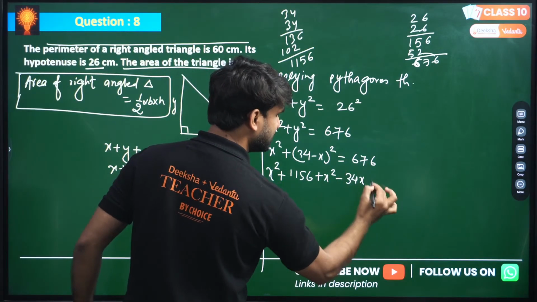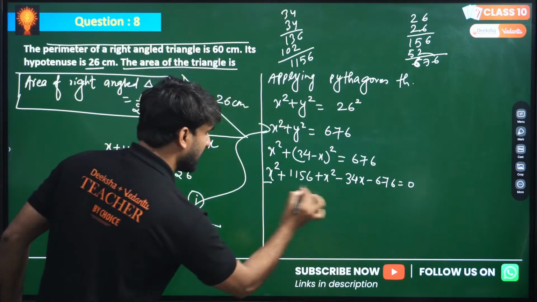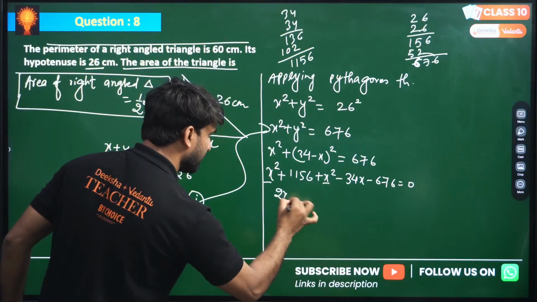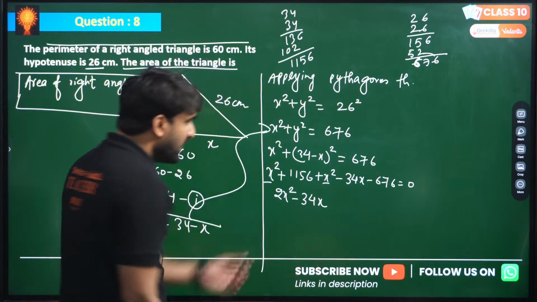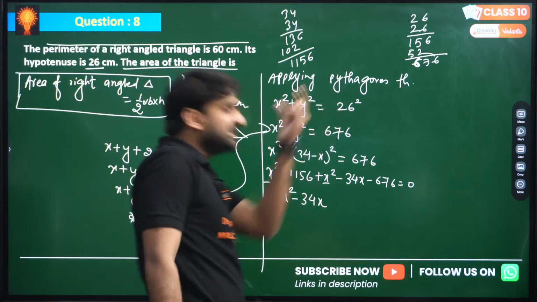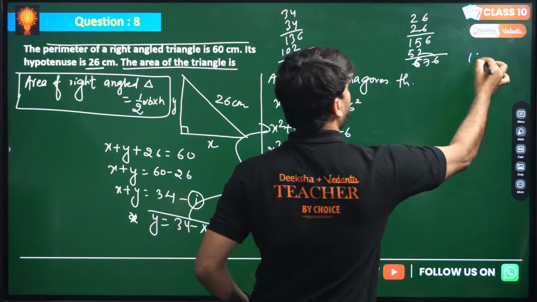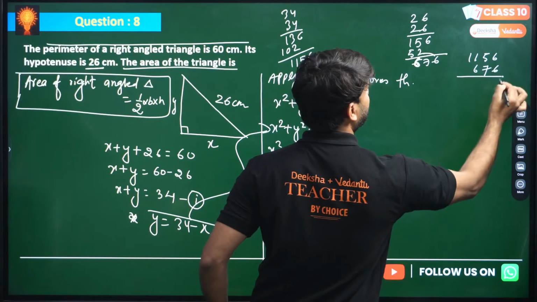And can we shift this 676 to that side? Equals 0. Solve this. x square plus x square, 2x square. Is it clear? Minus 34x, minus 34x, so minus 68x. What will be the result? 1156 minus 676.